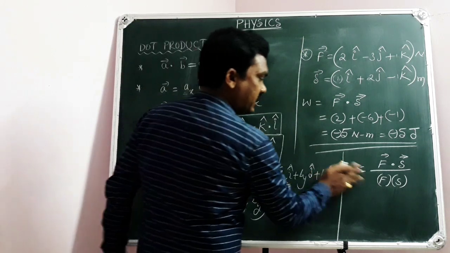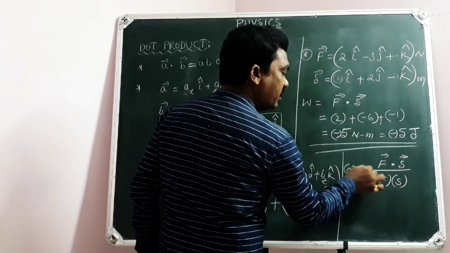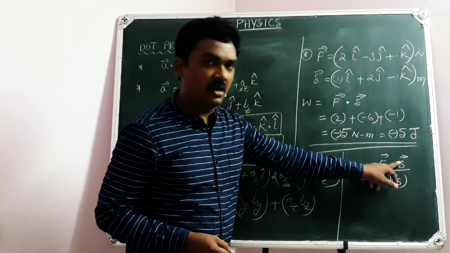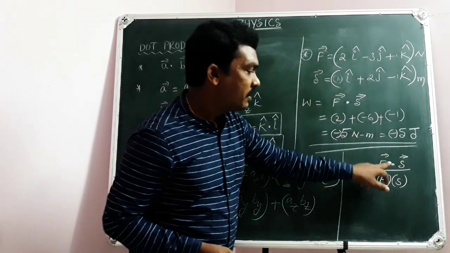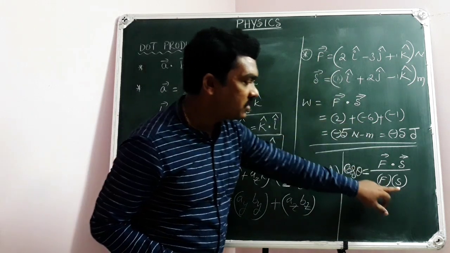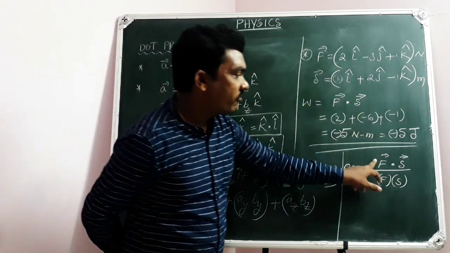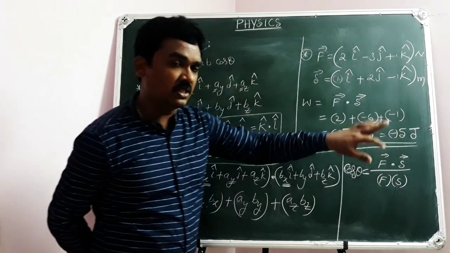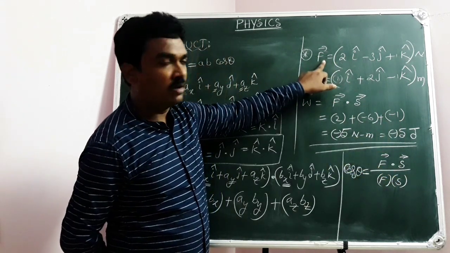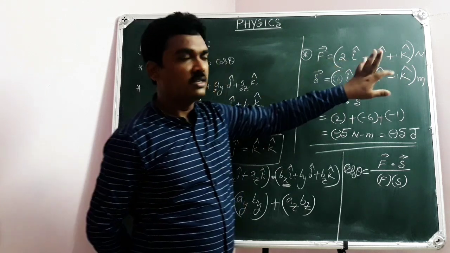Cos theta is equal to a bar dot b bar by a into b, here F bar dot S bar by F into S. Here F means modulus of F bar, S means modulus of S bar. You know already F bar dot S bar is minus 5, along with the sign, minus 5 by modulus of F bar, root of x square plus y square plus z square.